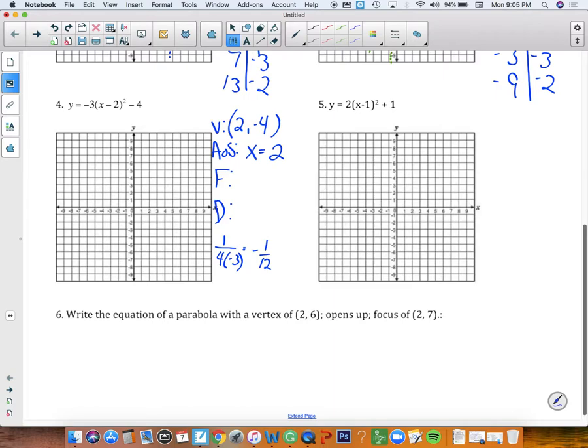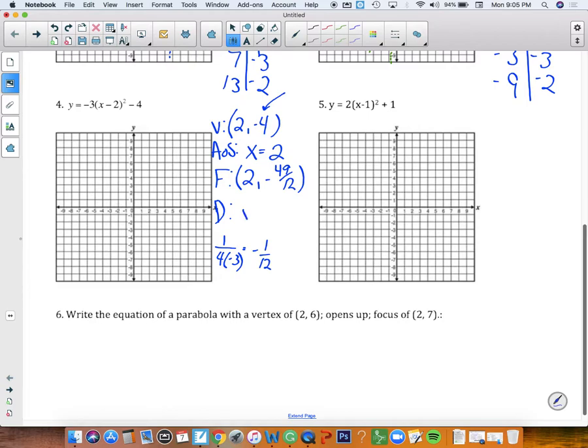Okay, so since it's a y equals here, we've got to add to the y value. We're going to add our focus value, or 1 over 4a, to that negative 4. So it'll be 2, comma, negative 4 and 1/12, or negative 49 twelfths.